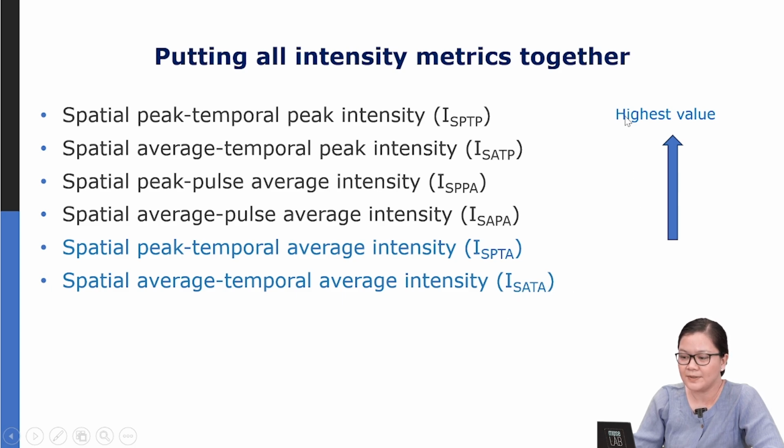So as we move up here, we know that spatial peak temporal peak would be the highest value, whereas the spatial average temporal average intensity would be the lowest value.